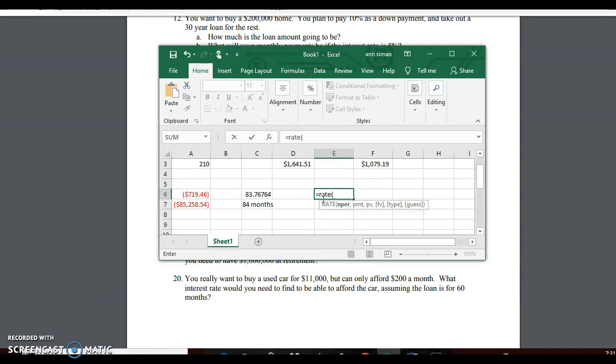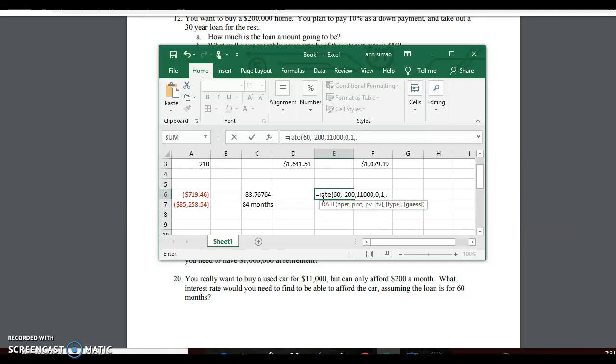So it is 60 months is the number of payments. It's 5 years monthly, so it's 60 months. The payment is going to be $200. The present value is $11,000. I want that future value to be 0. And then we are going to make those payments at the beginning of the period.